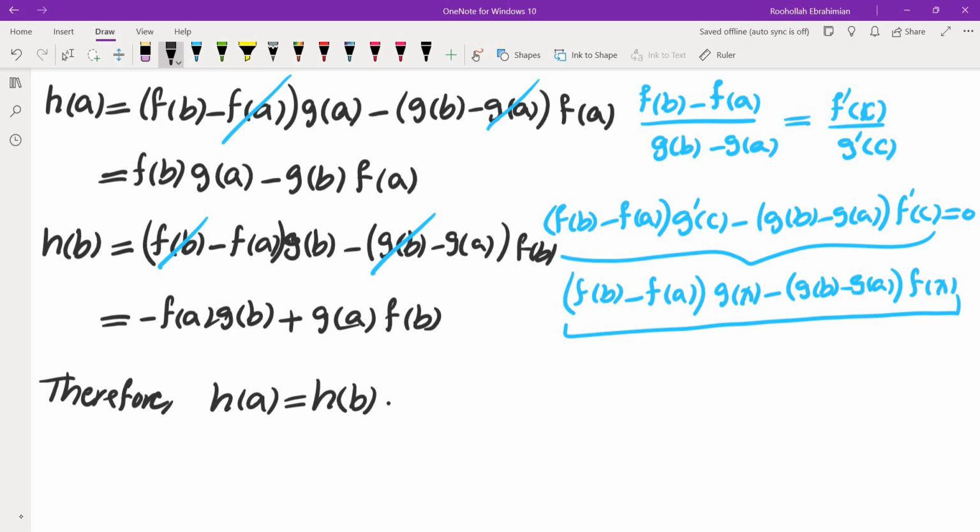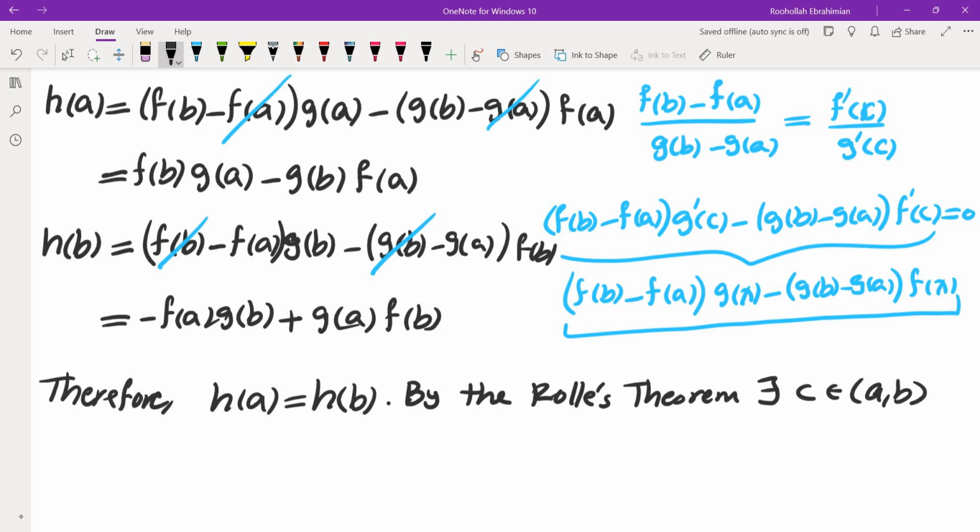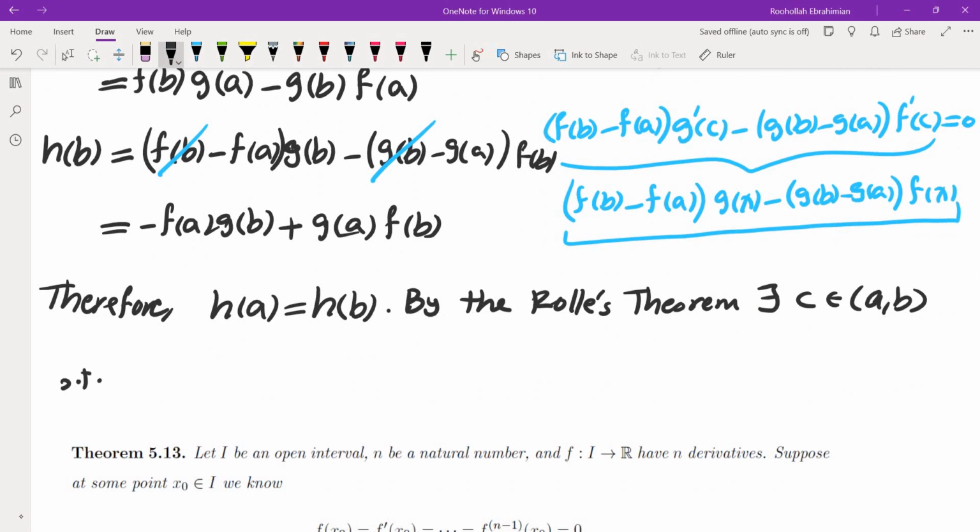So now that I have a function that is continuous over the closed interval and differentiable over the open interval, and it has the same value at the endpoints, I can apply Rolle's theorem. By Rolle's theorem, there is some point c between a and b such that h'(c) is equal to 0.